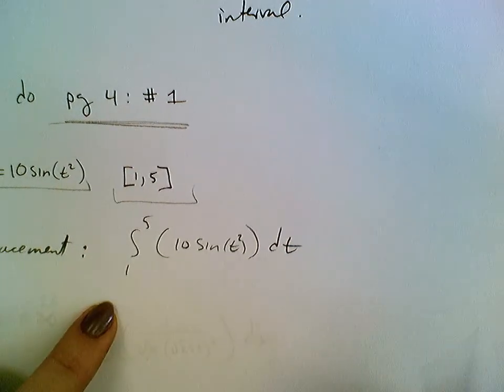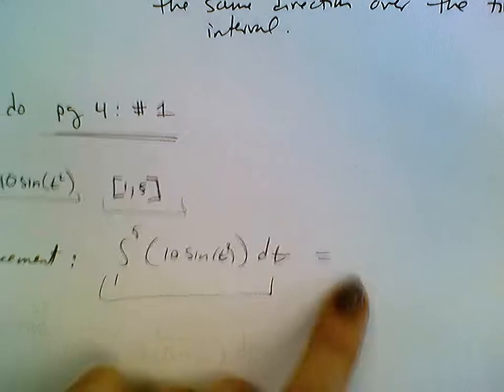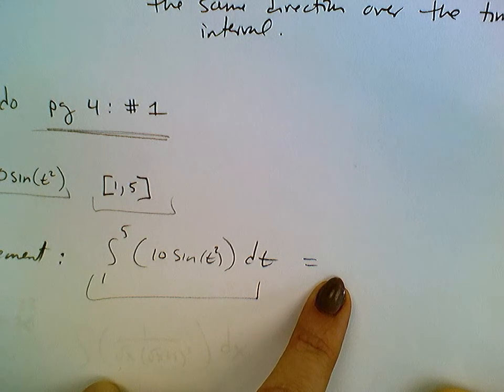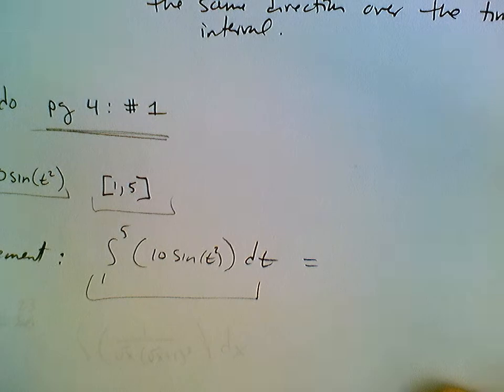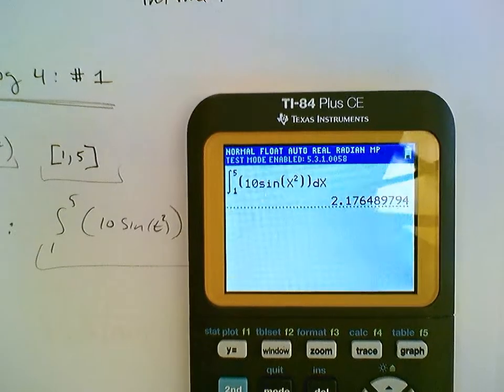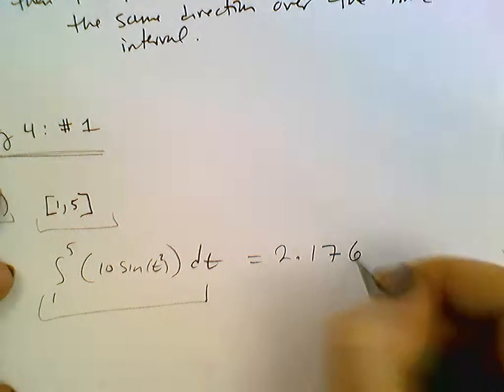That's part A. Then they want you to show this integral and use Math 9 to get an answer. You have to make sure you're in radians if it's trig. So Math 9, 1 to 5, 10, and I'll get 2.176. That's good. That's the displacement.